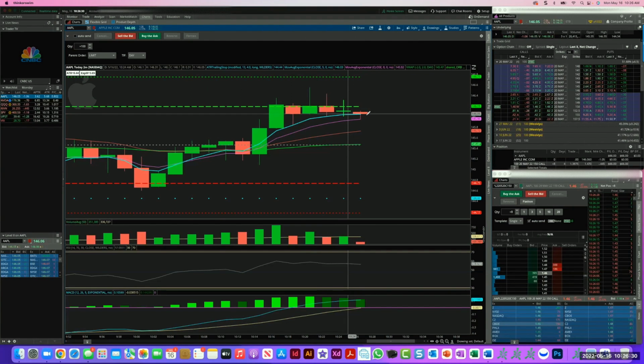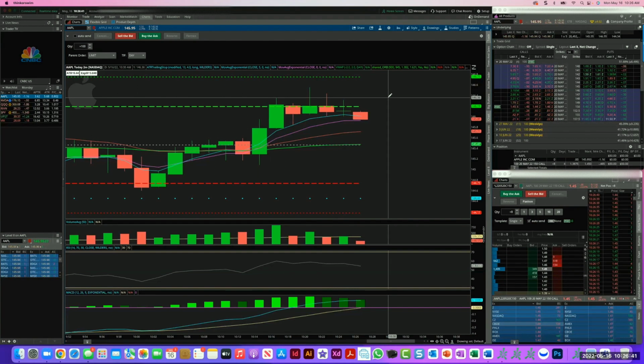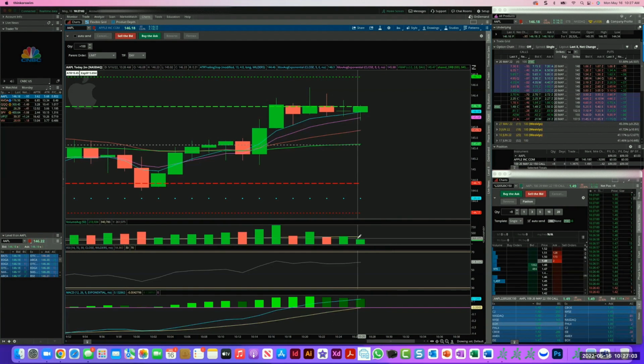So we are looking for now a move back to the upside. We're looking for Apple to find support. We'd love to see some volume come in on this candle. We have 3 minutes left.